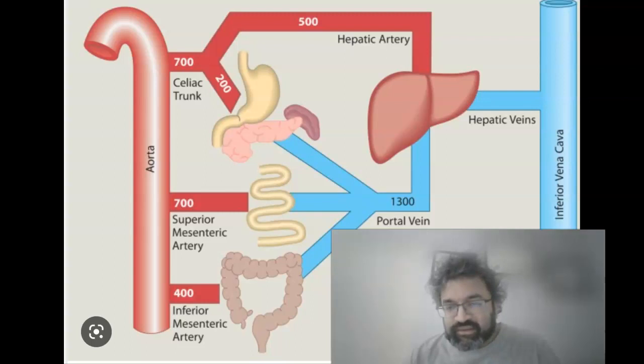So you have the portal triad in each of these. And so all of these are draining into the central vein.